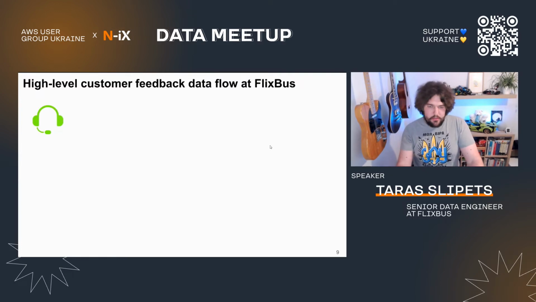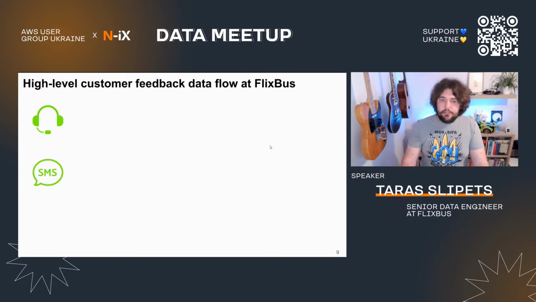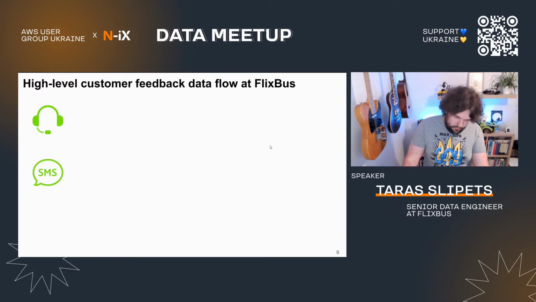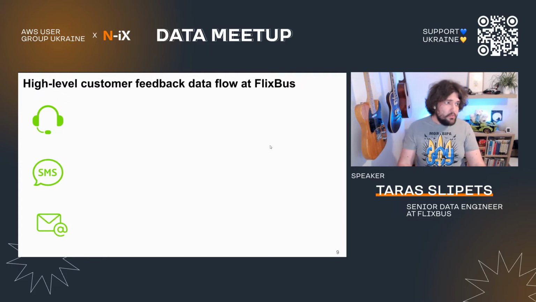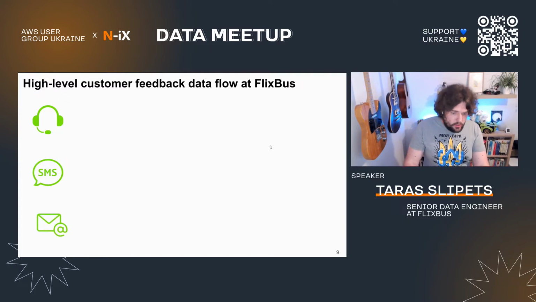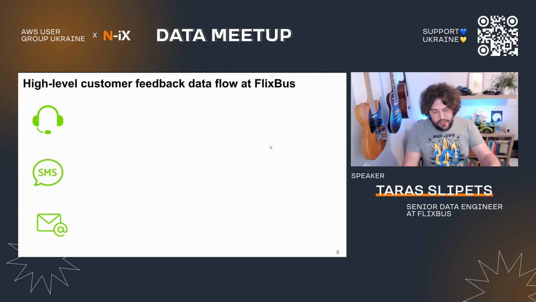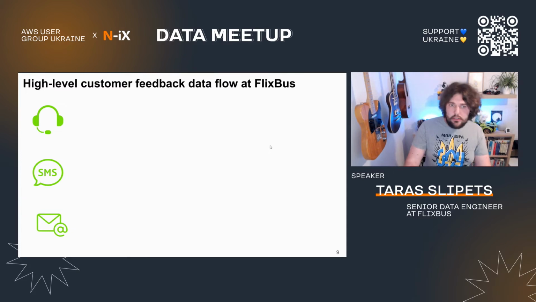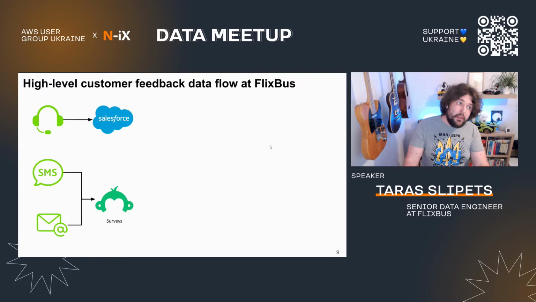We might get information from customer support, from phones, from SMS, and emails are also a valid channel. We also send invitations to surveys mostly via SMS or email, depending on the market.